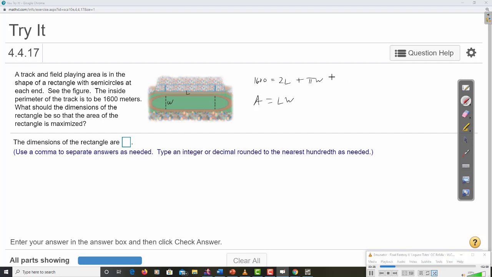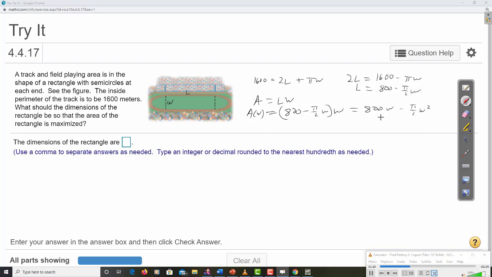So we can get this formula for the area in terms of one variable or the other by just substituting. So let me substitute away L. 2L equals 1,600 minus pi W. Divide by the 2. L is 800 minus pi over 2 W. So this becomes 800 minus pi over 2 W times W. And our A of W comes out to be 800W minus pi over 2 W squared.